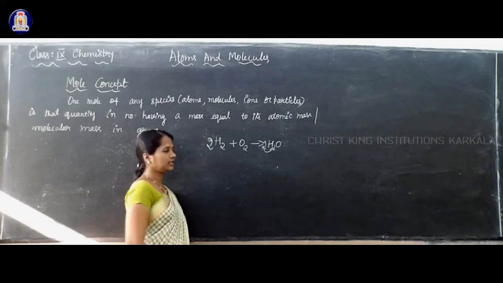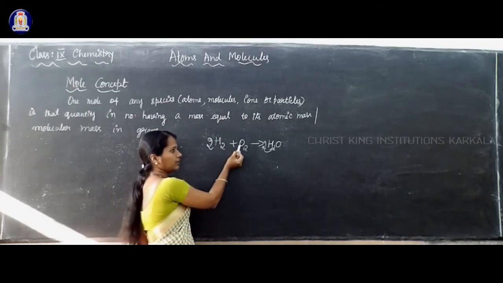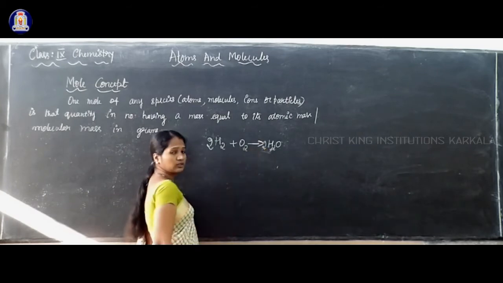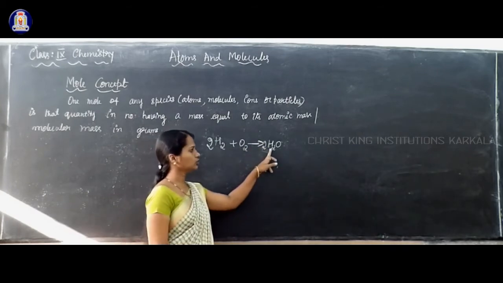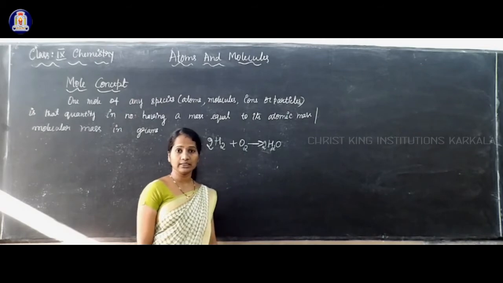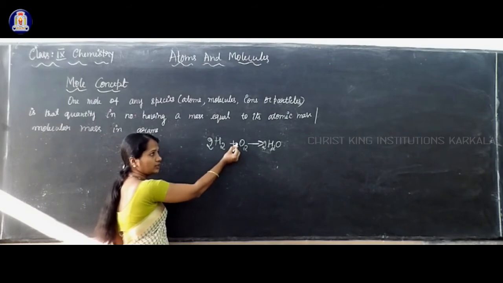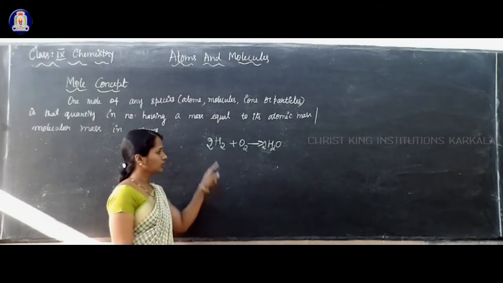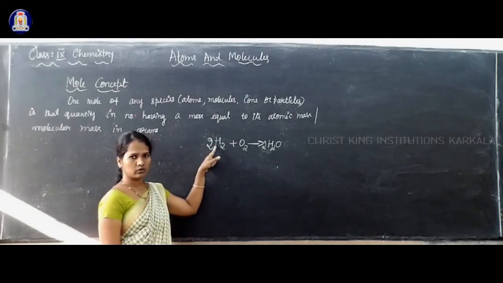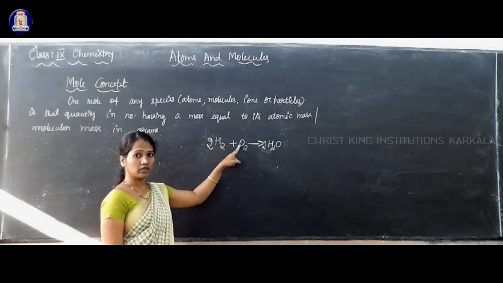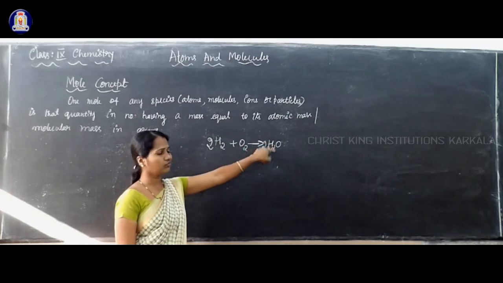So the reaction is 2H2 plus O2 gives 2H2O. In the sense, two hydrogen molecules combine with one oxygen molecule to give two molecules of water.